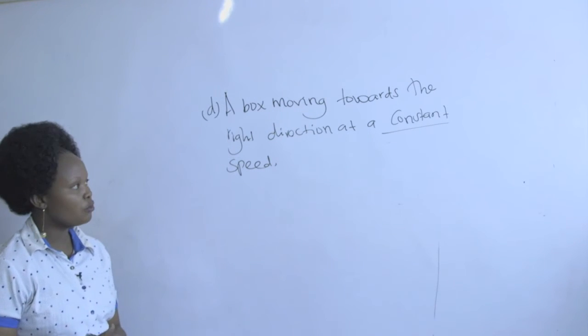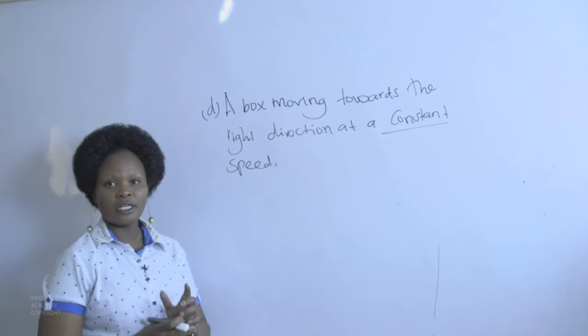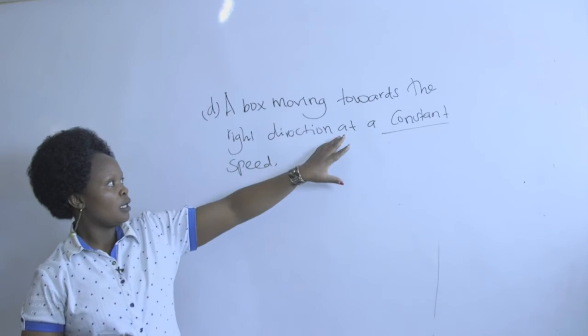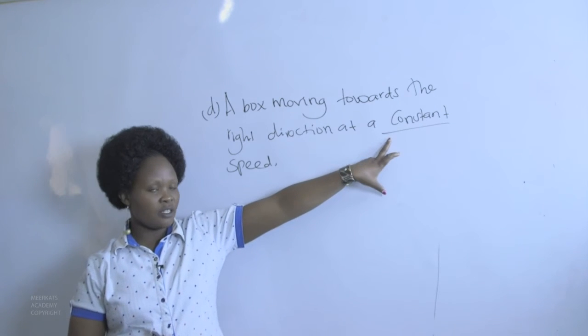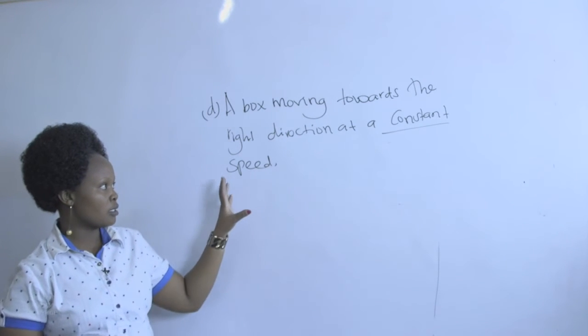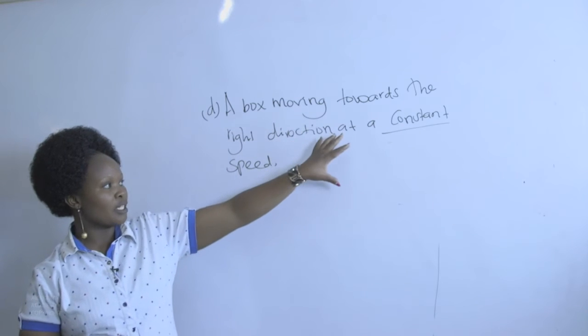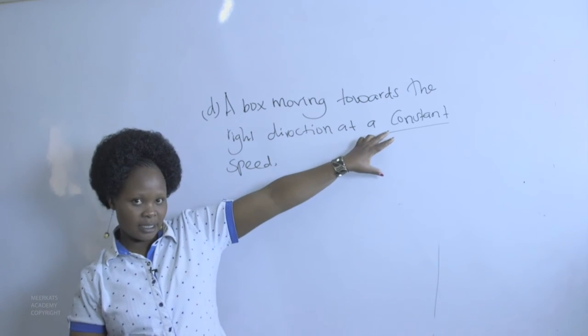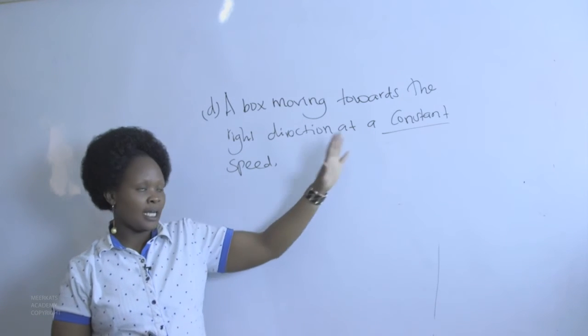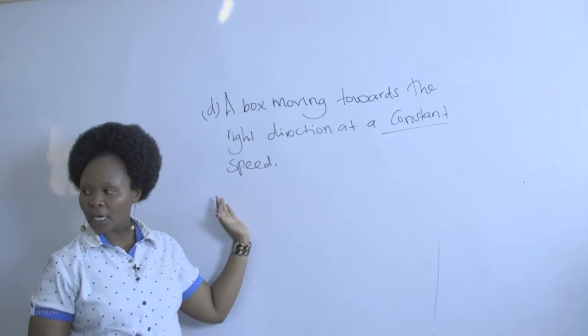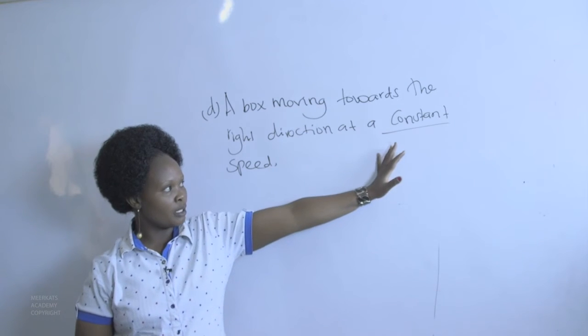Our previous example talked about a box accelerating towards the right direction, which means it is moving with an increasing speed.